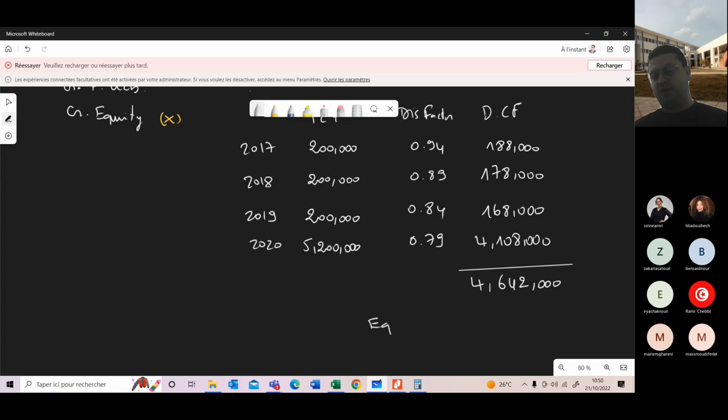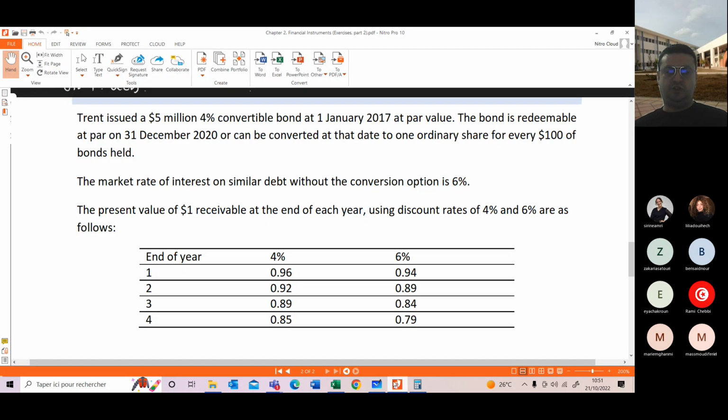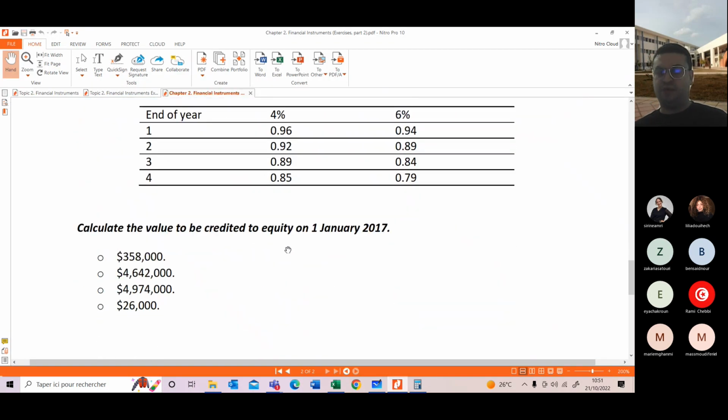So the equity is all about the balance: 358,000, which is the 5 million minus the sum of all of this. Calculate the value to be credited to equity on the 1st of January 2017.